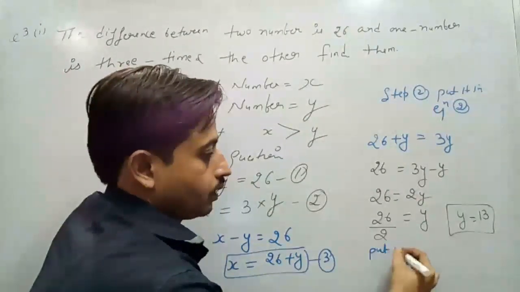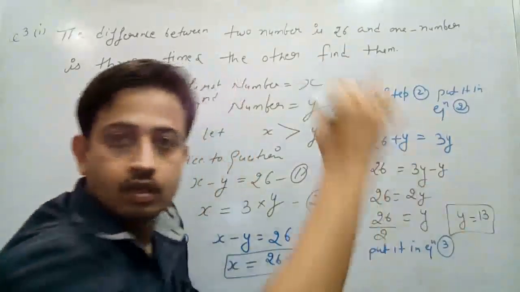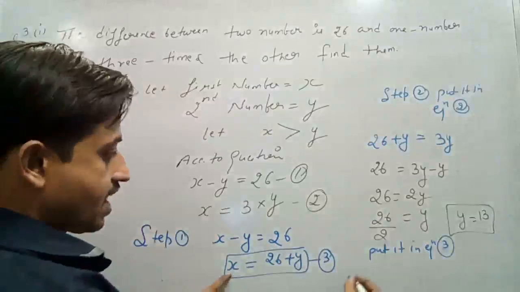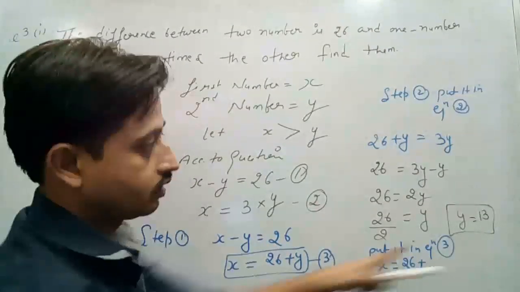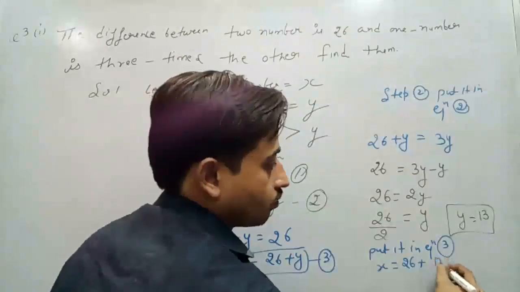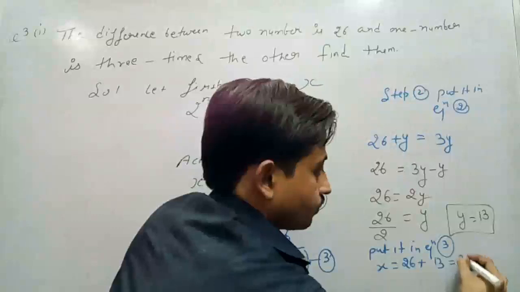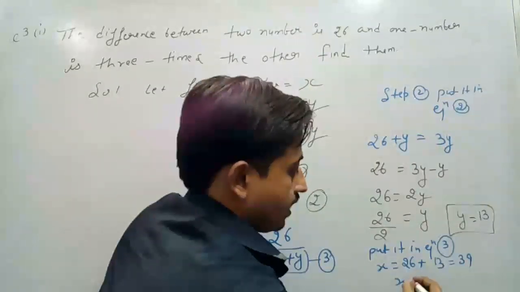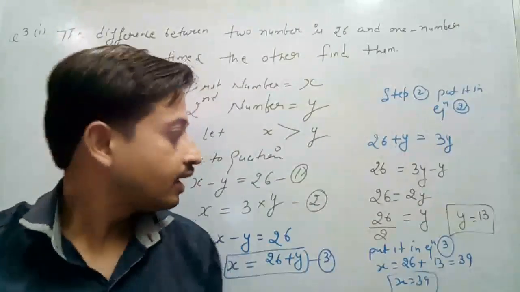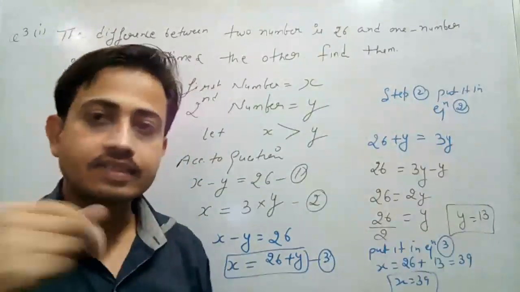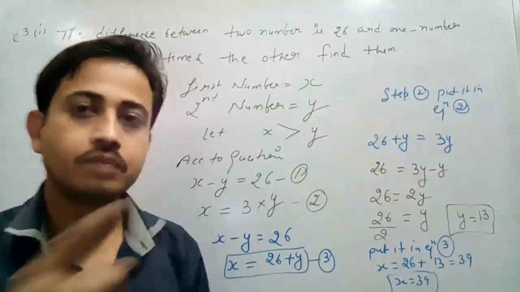Now put it in equation 3. x is what? 26 plus y, and the value of y is 13. 26 plus 13 is equal to 39. So x is equal to 39 and y is equal to 13. That's the answer of the first part of question number 3. Please make a note.